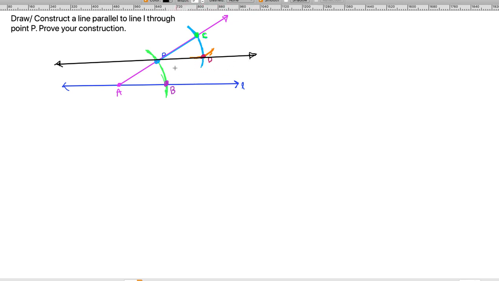Now why is it? Let's prove that this line M is parallel to L. So let's go through what I did here again. I first picked some point A and I drew this line and I drew this arc.